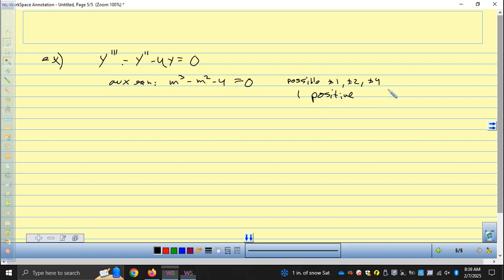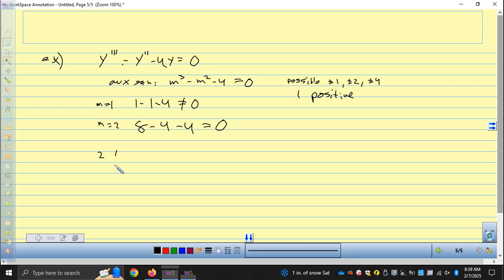So I'm going to go after that positive one to do synthetic division with. If m equals 1, that's easy to plug in. I get 1 minus 4, which is not 0. When m is 2, because this is not many terms, I'm going to plug in 2. I get 8 minus 4 minus 4, which equals 0.